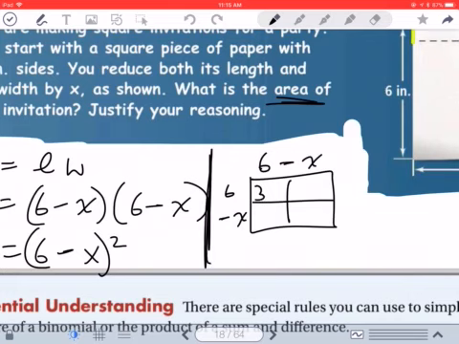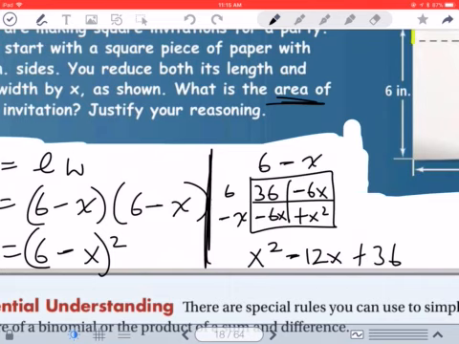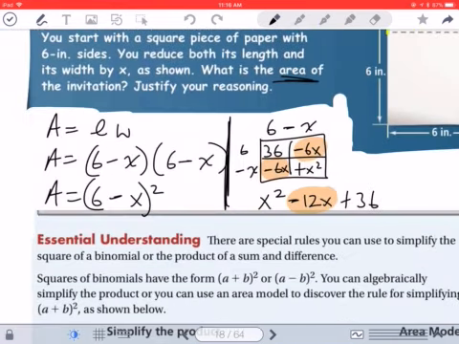This is going to be 36 minus 6X minus 6X, and this is going to be plus X squared. When I write this in standard form, it's going to be X squared minus 12X plus 36. Remember, minus 6X and minus 6X is minus 12X. So that's an expression for the area.